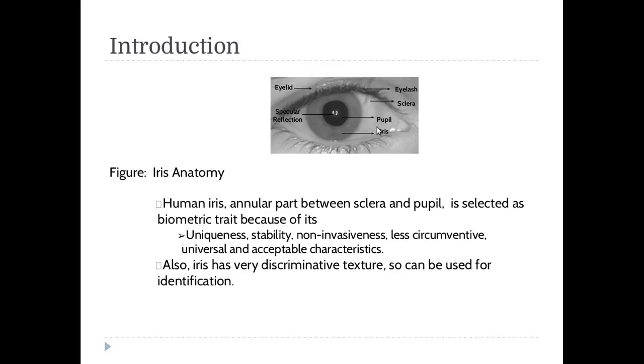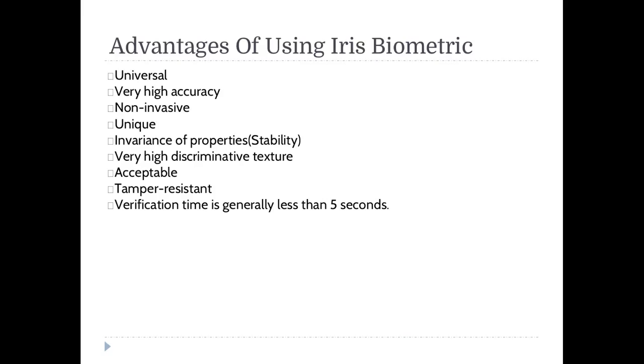This white region is called the sclera, the internal black region is always termed the pupil, and between the pupil and sclera the whole region, this whole donut one can say, is called the iris, which is assumed to be very unique.